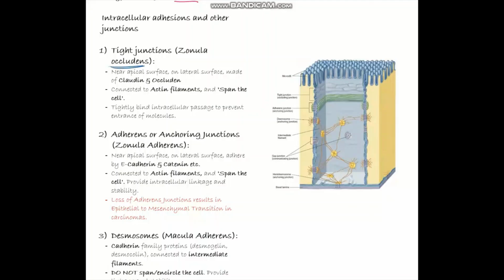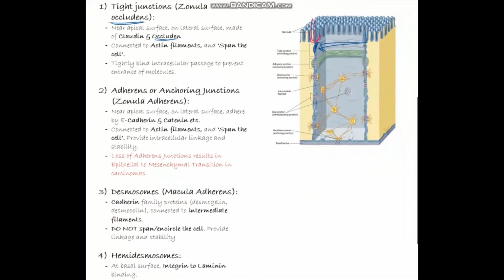Remember, we discussed that they contain occludin proteins, and therefore their name is zonula occludens. They are nearest to the apical surface, made of claudin and occludin, connect to actin filaments and span the cell. They tightly bind the intercellular passage to prevent entrance of molecules, so they prevent anything from coming through the intercellular pathway.